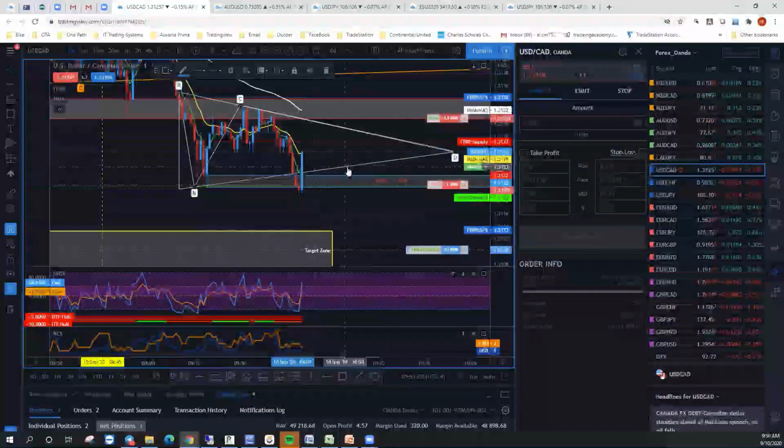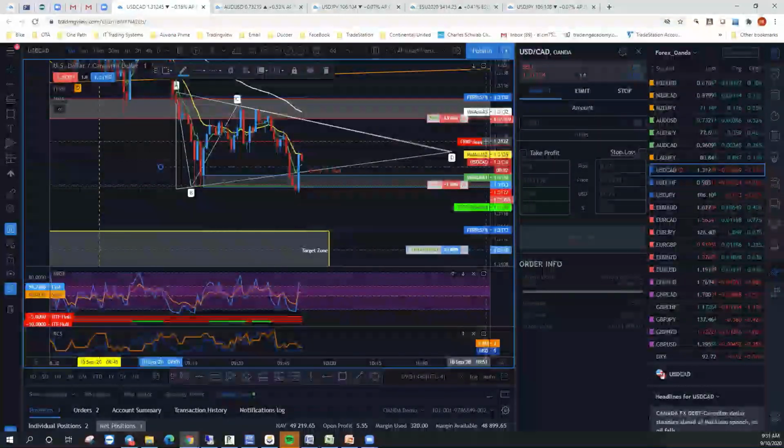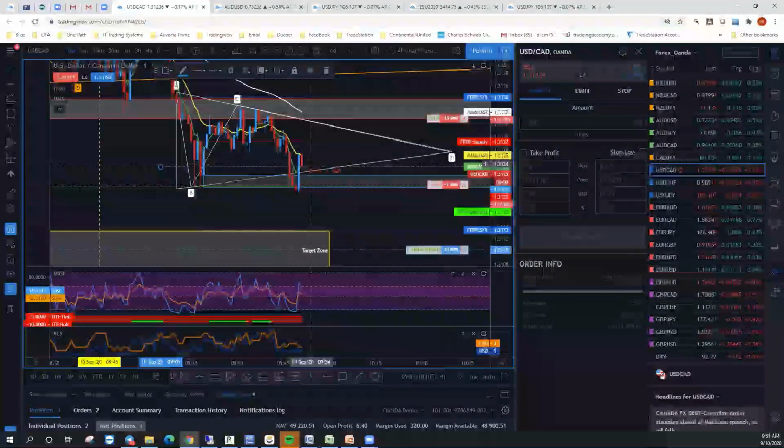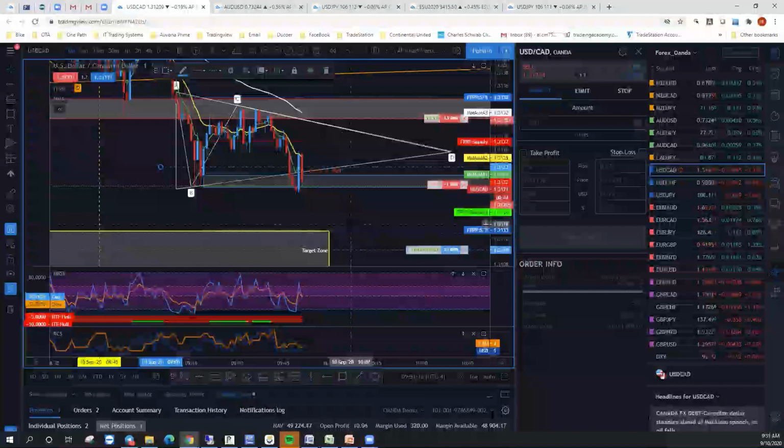Right there, that would have been your fill. Let me see if I can get over here where I can do this market. Here's 23. Here's where your fill would have been. And so that extra couple of pips makes a big difference if you're going to hit your 5 pip target.